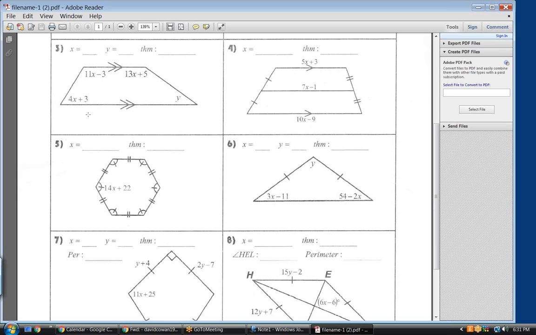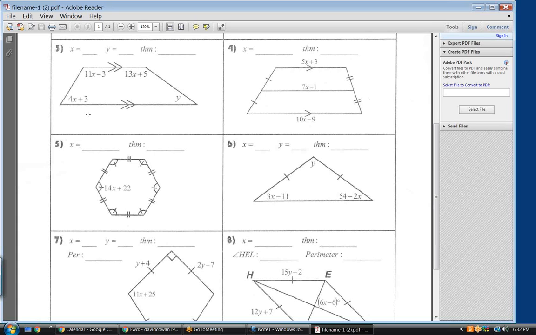I would guess that they would all have to add up to 360. Okay, that's true. They add up to 360, but notice what kind of an equation that gives us. It gives us one equation and two variables, which you can't solve. That's not going to do us any good.